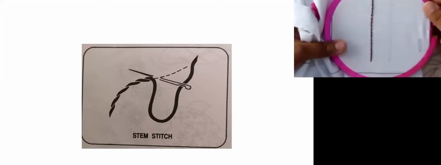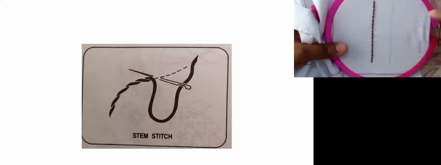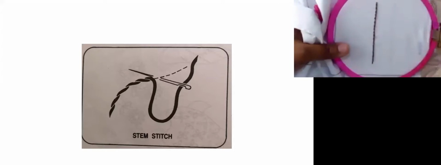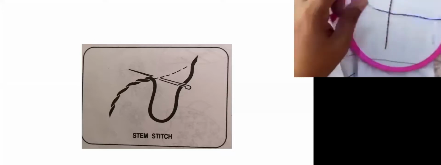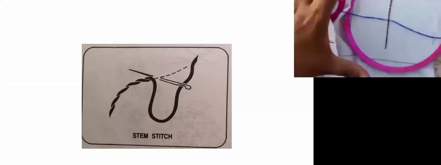But don't try to go for a bigger ring unless you have an embroidery hoop which has a stand. Like I will show you in the end. I have an embroidery hoop with a stand, which I happen to get from India. And I know that in India you get these embroidery hoops which come with a stand.